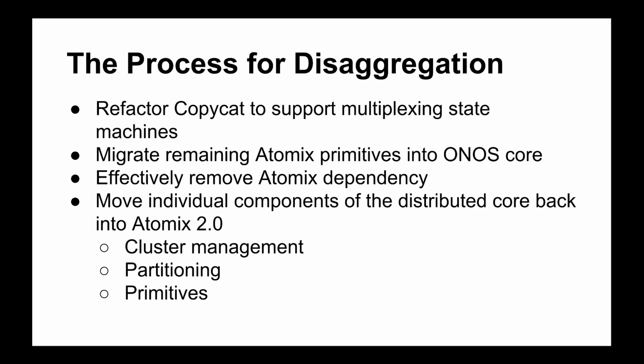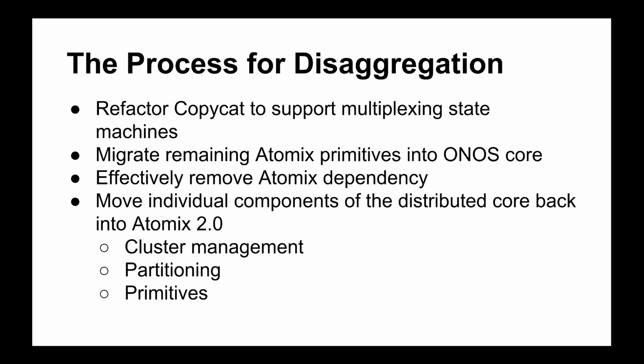All right, so the way I think I can go about doing that: if we were to take on the copycat refactoring, that eliminates a lot of what Atomics is doing for the ONOS primitives, which is managing state machines. What I'm talking about in copycat is increasing parallelism and allowing multiple clients to interact with multiple state machines, which is a lot of what Atomics does right now.